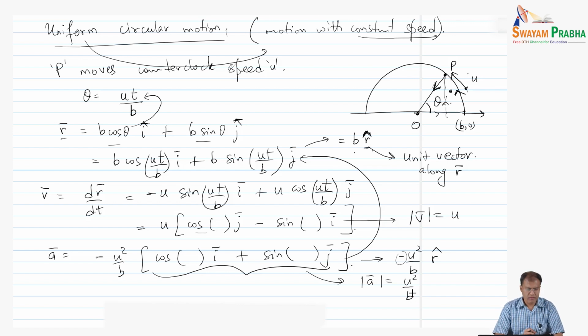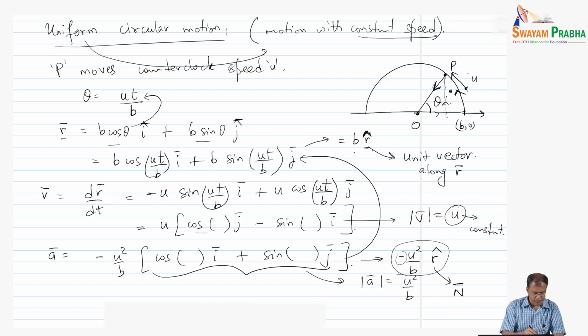What we have got here is that our motion along this circle was such that the speed u was constant. So u is a constant, which means the acceleration has just one component, along the r hat direction, the normal direction.